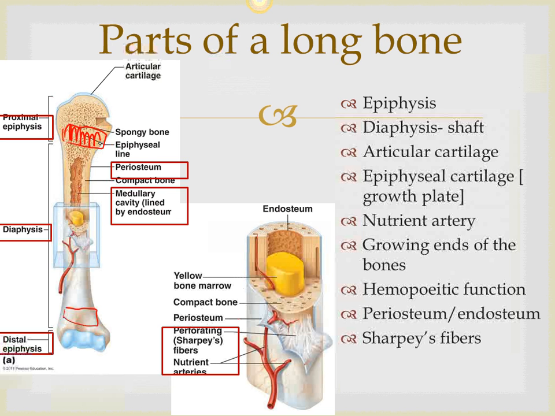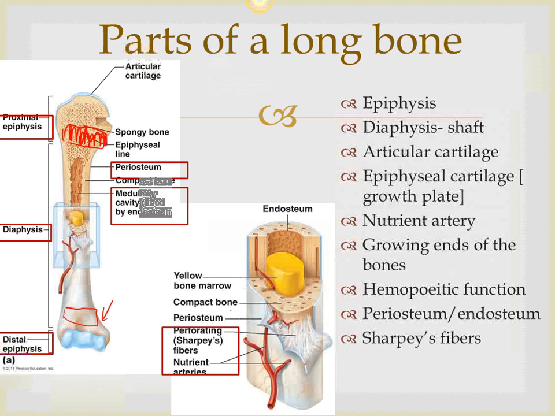One usually fuses first, this remains cartilage for longer, and this fuses later. The one that will fuse later is often called the growing end of the bone. Okay? So this nutrient artery, whichever direction it goes, the growing end of the bone is the opposite end, it's easy to tell. If you look at a real bone, you can actually see the nutrient foramen, the hole for the nutrient artery.